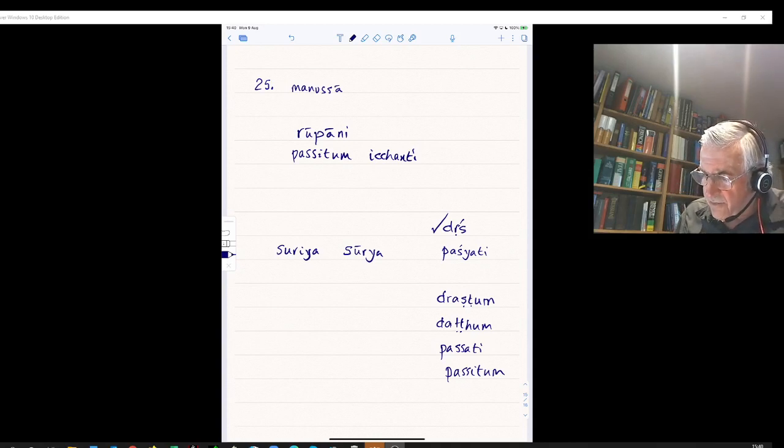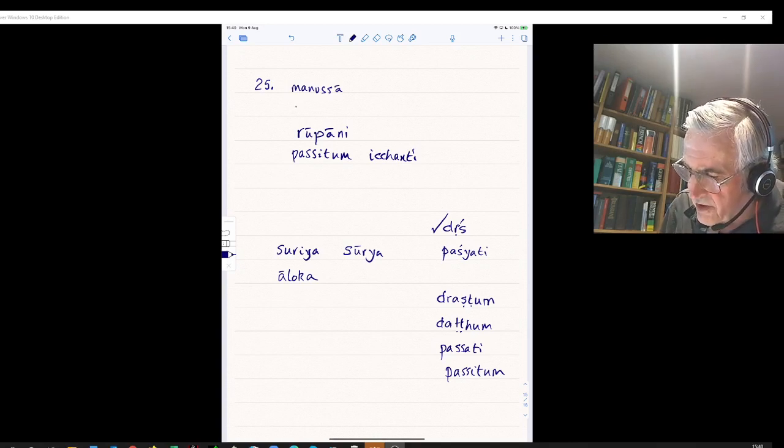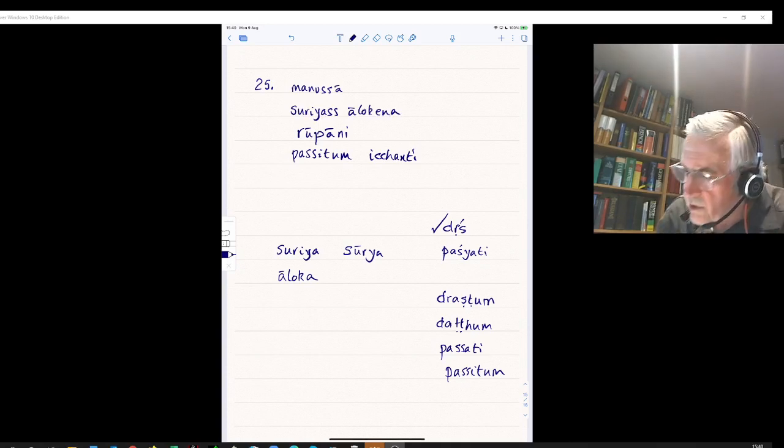And light is aloka. So by the light, instrumental alokena, by the light of the sun, suriyassa alokena. So suriyassa alokena. Suriyassa.